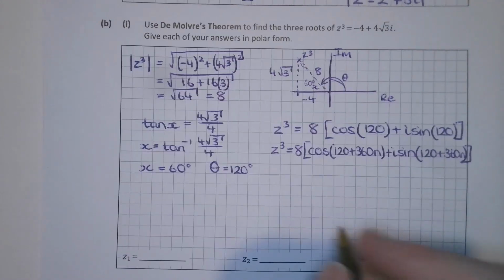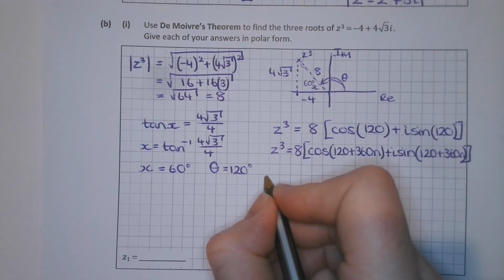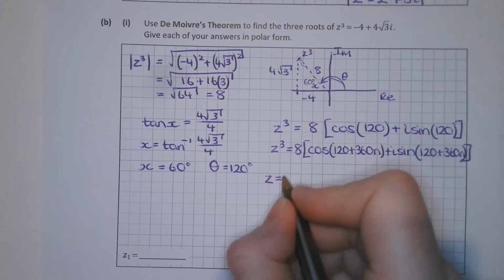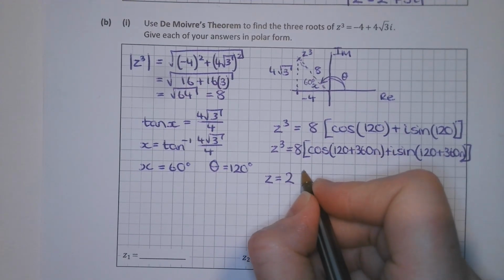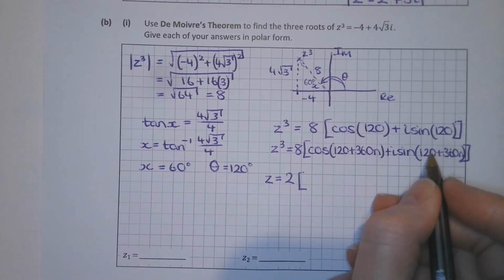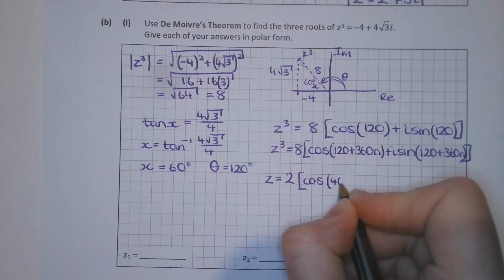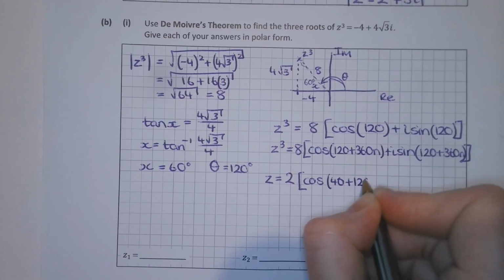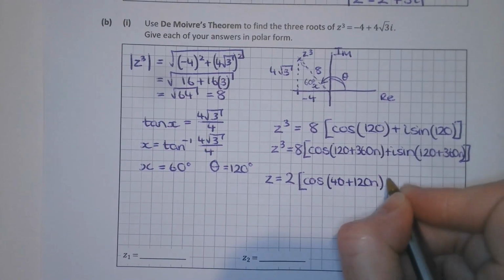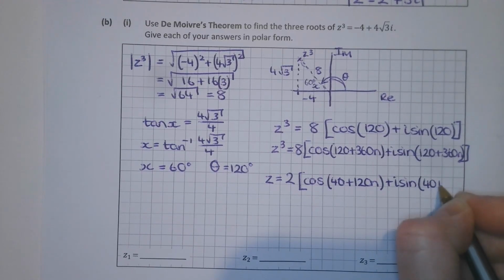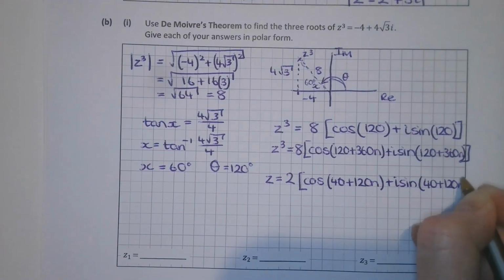We want to find z, so we cube root. So cube root of 8 is 2, and we cube root everything else as well in here. So we end up with 2 times the cos of 40 plus 120n plus i sine 40 plus 120n.